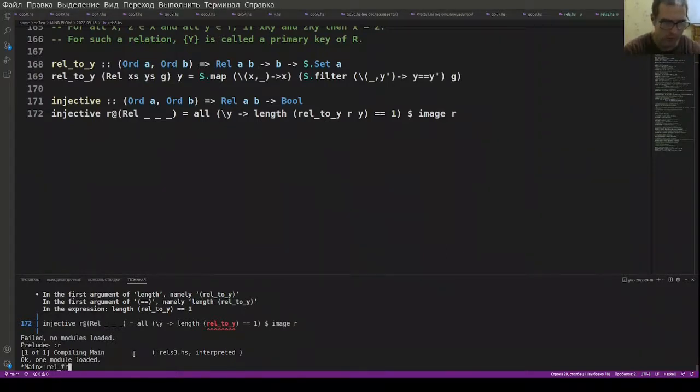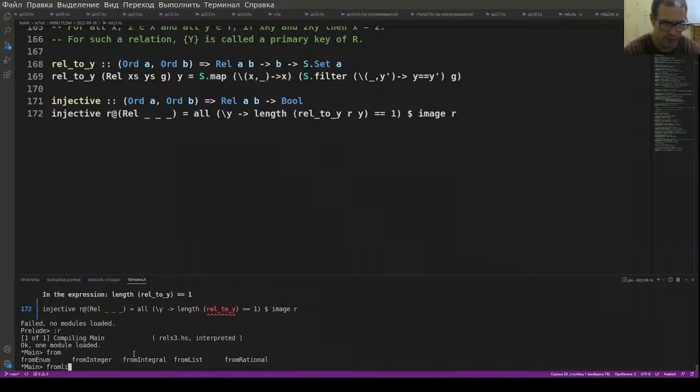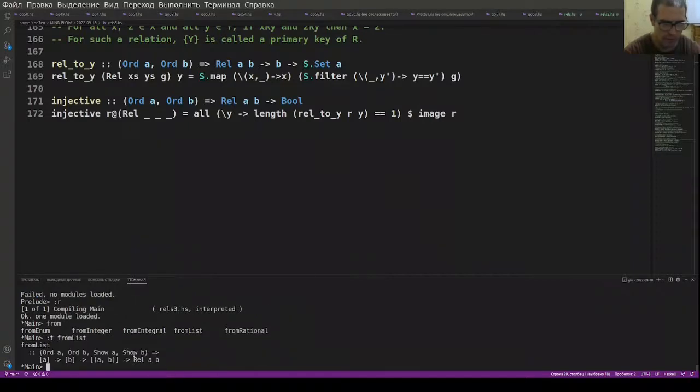Rel from list. Let's look at its type again. So we need to provide two lists. The first list is the domain. For example, I can model a relation from integers to some chars. I think like this.